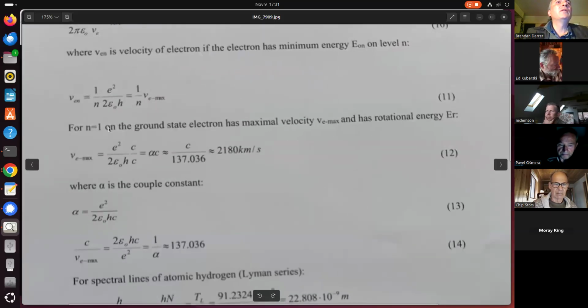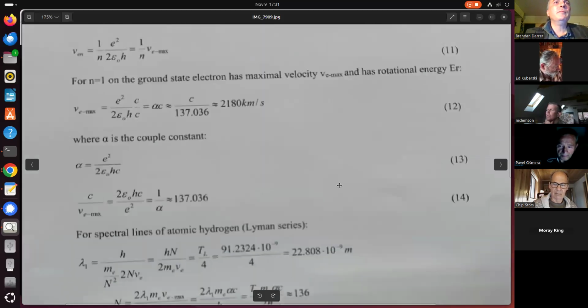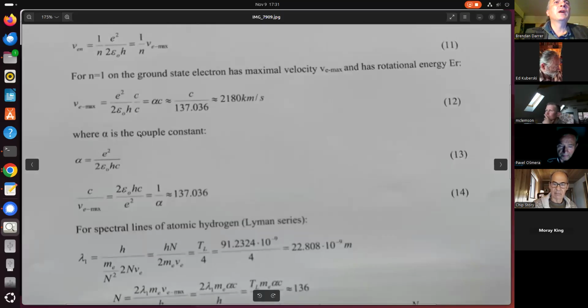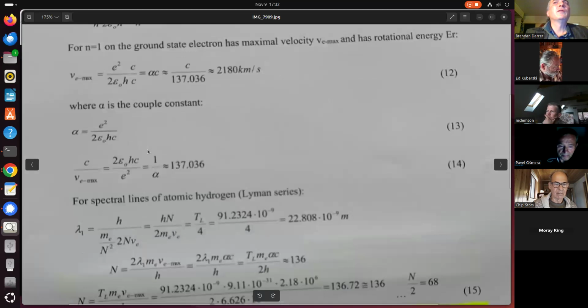For n equals 1 on the ground state, the electron has maximal velocity. That term there has rotational energy ER, where alpha is the coupling constant. So those are equations 13 and 14.